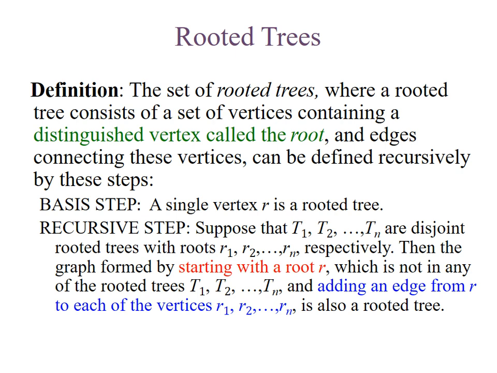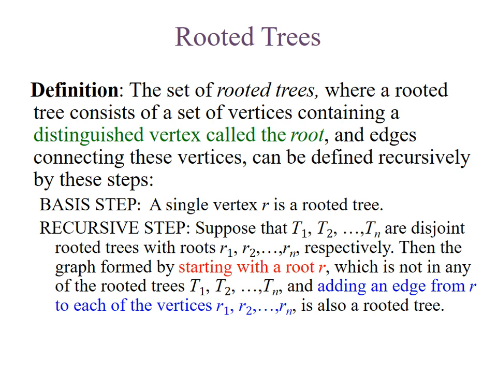So let's see this definition, how we construct a rooted tree. For the basic step, we have a single vertex R as a rooted tree, because we already have this distinguished vertex. Once we have only one single node, this single vertex R is also a rooted tree.